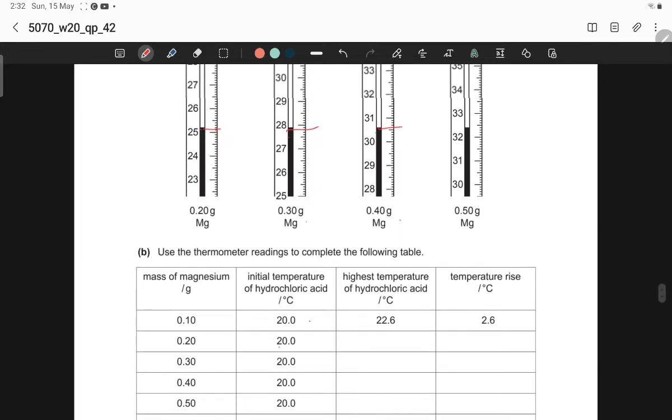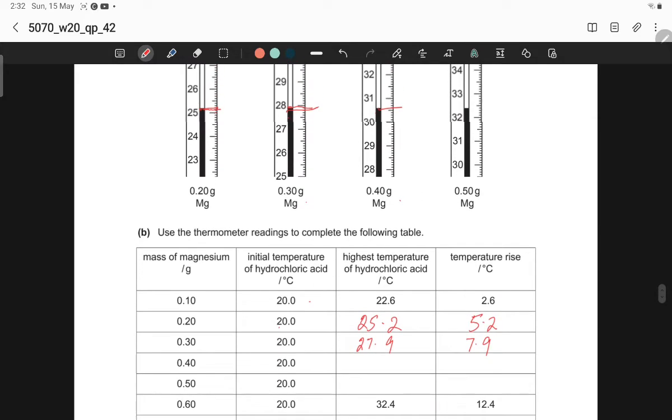For 0.20 it is 25.2, and the difference from the initial temperature is 5.2. Second is 27.9 and the difference is 7.9.